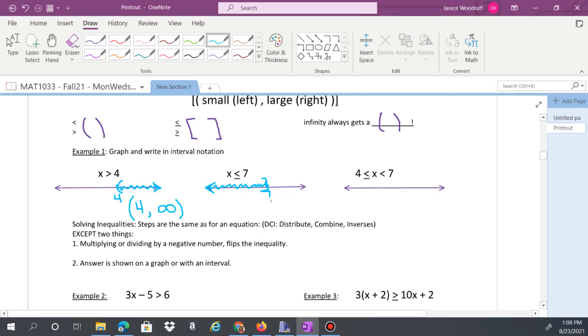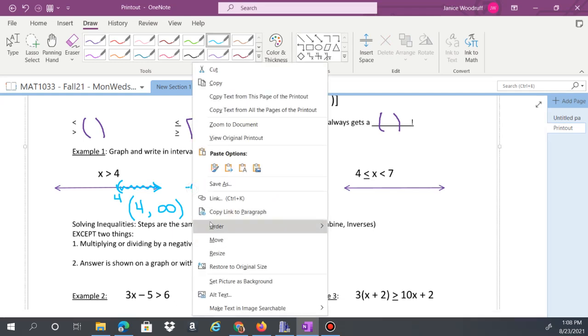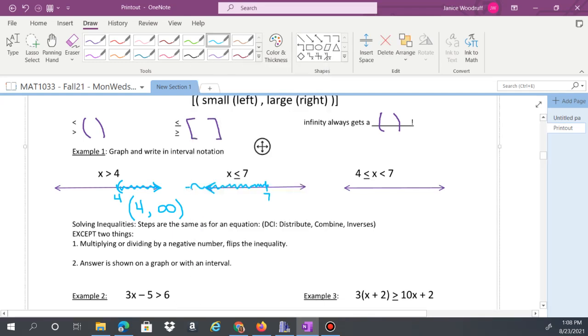So now in interval notation, my smaller number here is pointing towards negative infinity.